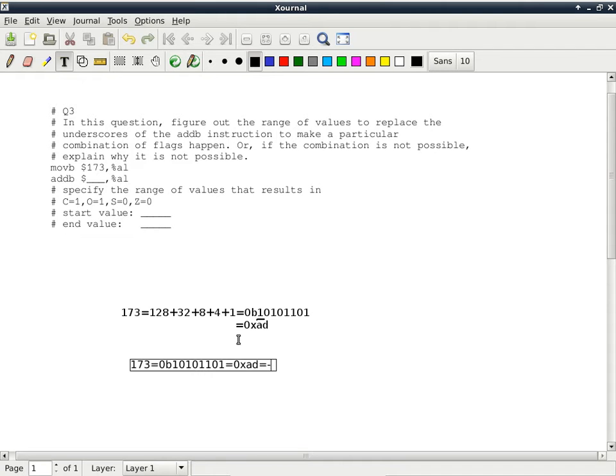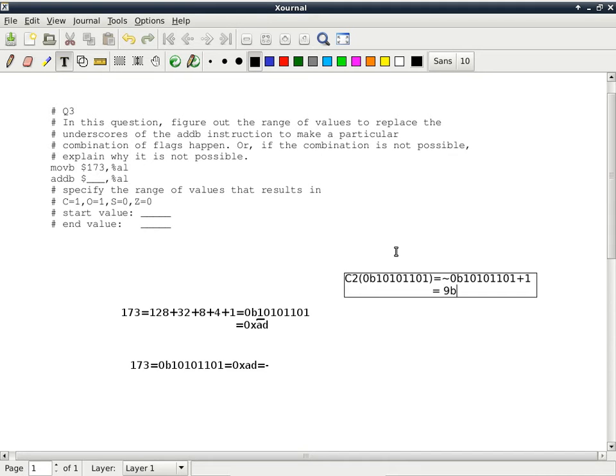Okay, so we'll open up this end here. So we apply 2's complement to the bit pattern 10101101, which is the negation of the bit pattern plus 1.